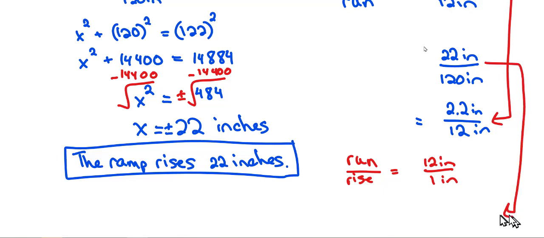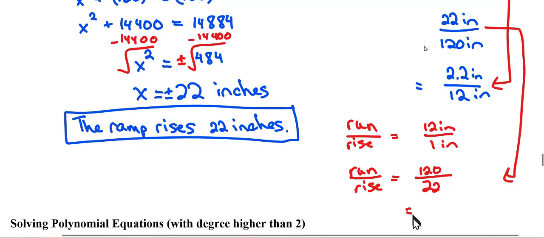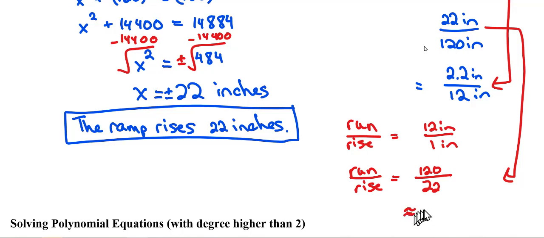Instead, I want to look at this one to have a 1 inch rise. 120 over 22. If I divide that in my calculator, I get approximately 5.45 over 1 inch.